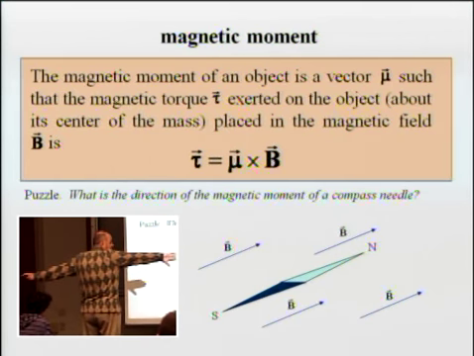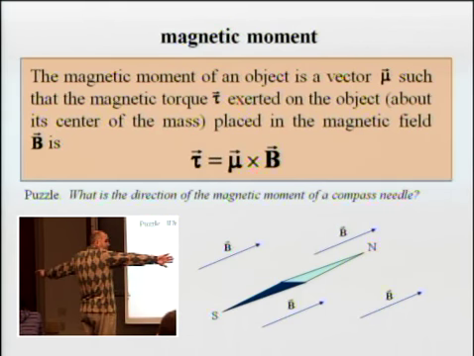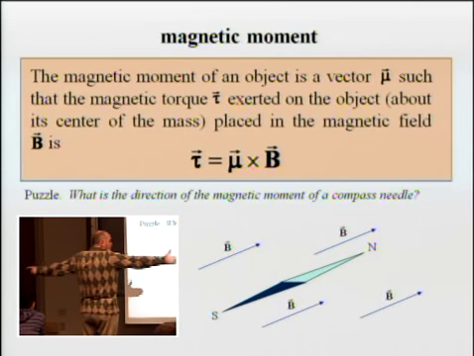Turn this way, right? The magnetic torque is trying to push it this way. Let's now see what will happen if the needle deviates slightly this way. So magnetic moment is in this direction. Now magnetic field is this direction, so torque is up. What will the needle do? Turn this way. Try to come back.